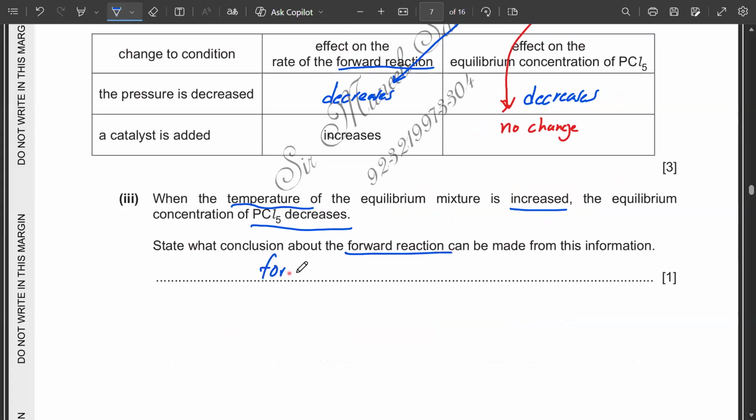Forward reaction is exothermic. If you do not write forward reaction, it is still understood because they have already specified it is for the forward reaction. So just exothermic is also sufficient.